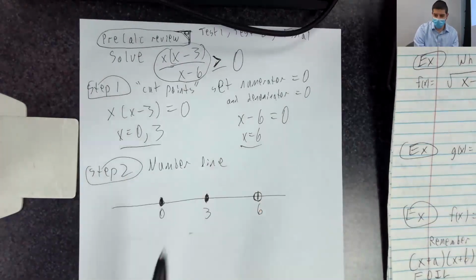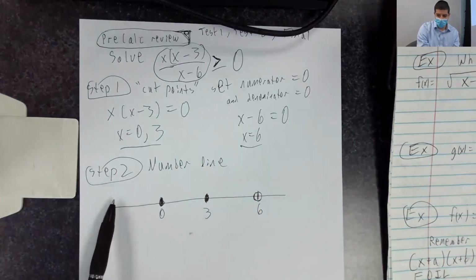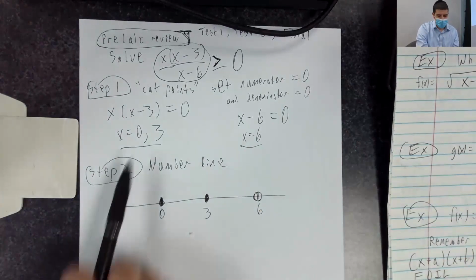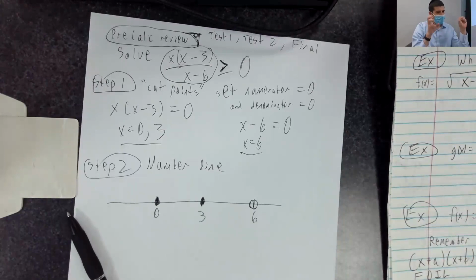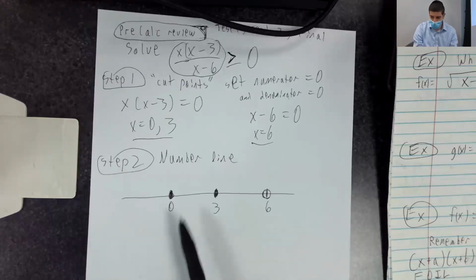The way the theory works is that the cut points tell you where things could change from positive to negative. If I'm positive somewhere away from a cut point, I can't just change to negative without going past the cut point. So I could just check one number in between the cut points, and that'll tell me everything.